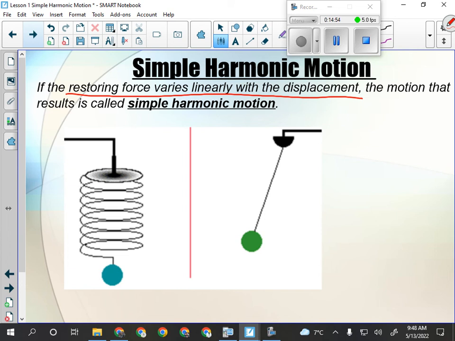Okay? Do you suppose that the arc would affect the period of a pendulum? Okay, when I drop it here, do you notice that it's moving pretty fast?